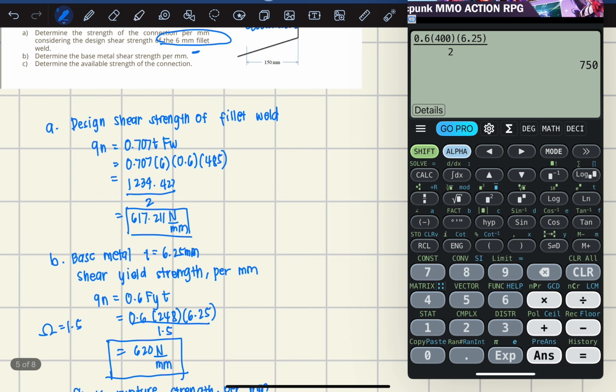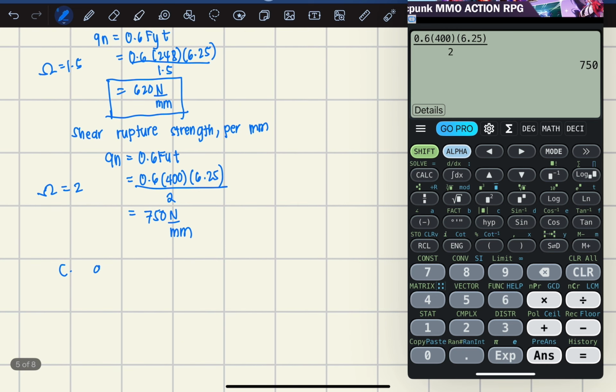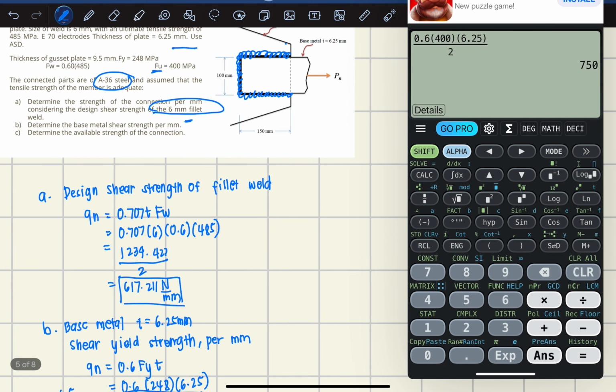So, pinapahanap is yung available strength niya, which is Q is equal to P over L. So, strength ng connection. Q is equal to P over L. Okay? Yan.